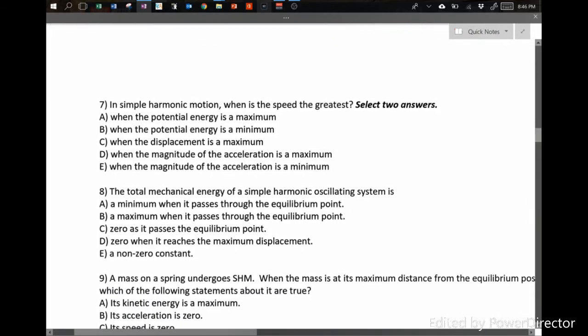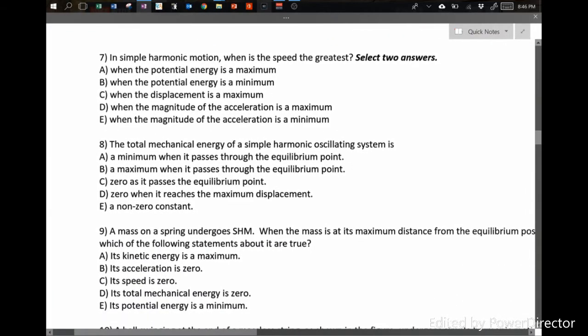Take a moment. In simple harmonic motion, when the speed is the greatest, select two answers. So we have speed is the greatest at the equilibrium position. So the net force is equal to 0. The displacement is equal to 0. The acceleration is equal to 0.